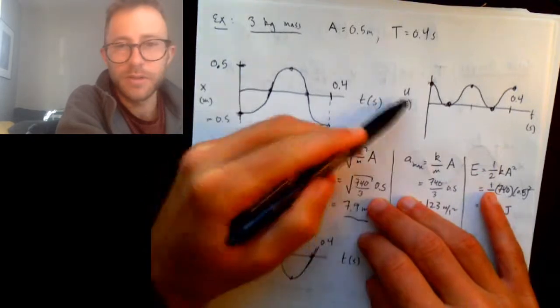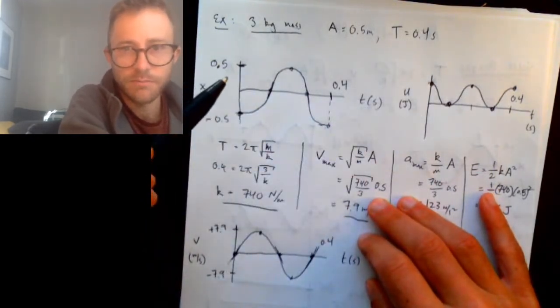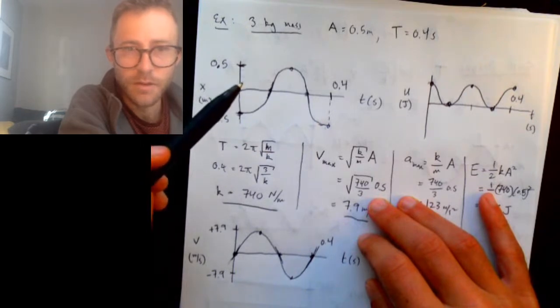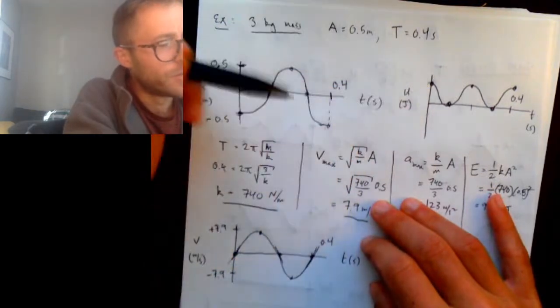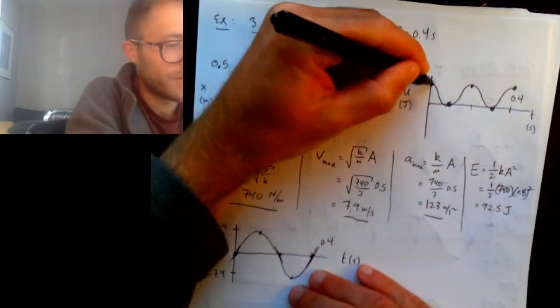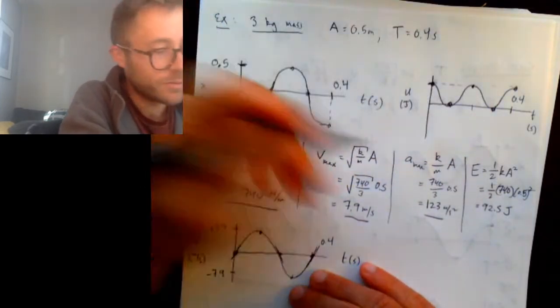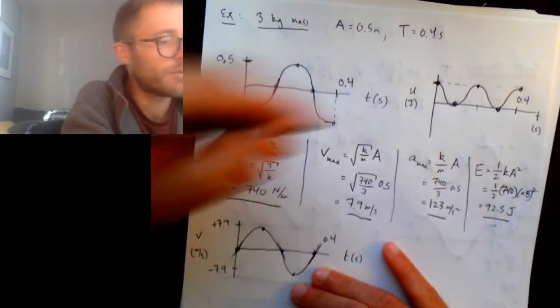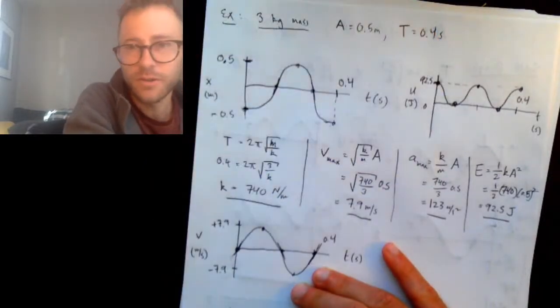Please notice that the potential energy graph wiggles twice as fast. Okay? So the maximum value of the potential energy is simply the total amount of energy, which we calculated was 92.5. So this goes up to 92.5 and down to 0.